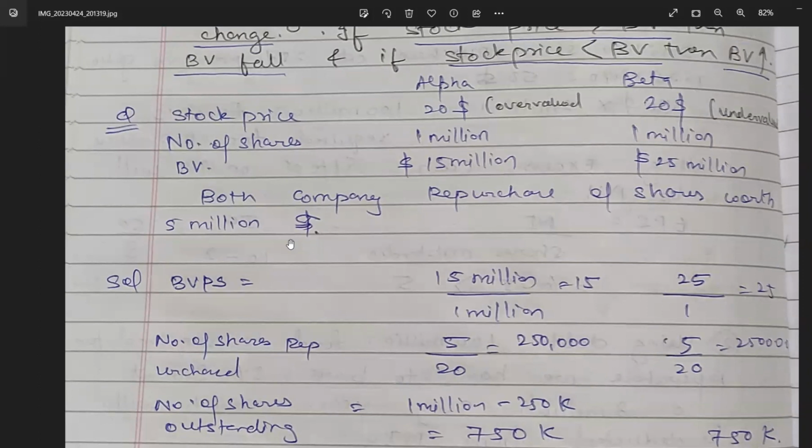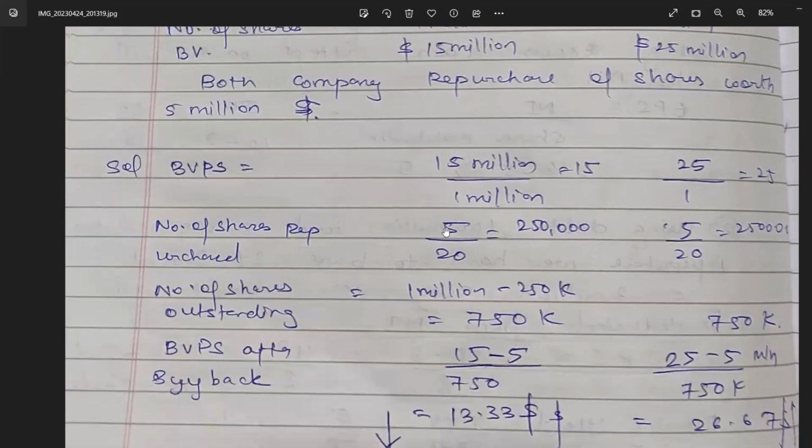So we divide 5 million by 20 for both Alpha and Beta, which gives 250K shares. So the number of shares outstanding will be 1 million minus 250K, so both will have 750K shares.